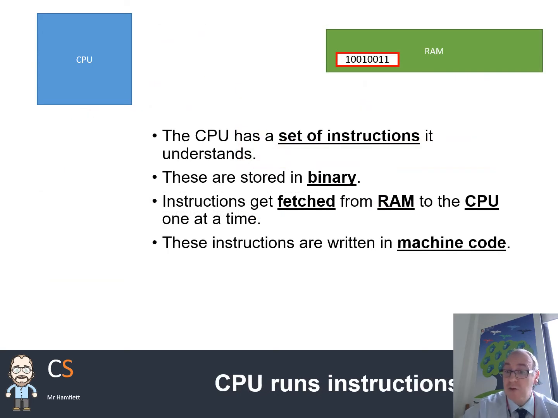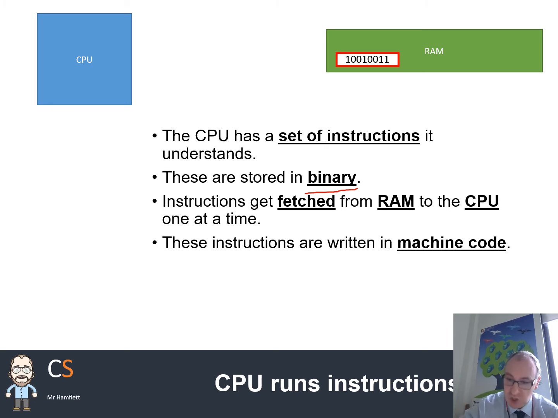Okay, so remember your CPUs run instructions. Instructions are stored in binary. They're not stored as if A equals B or things like that in Python. They're not stored like that. They are stored in binary, in machine code. We don't understand machine code. I can't read it. But the CPU can.